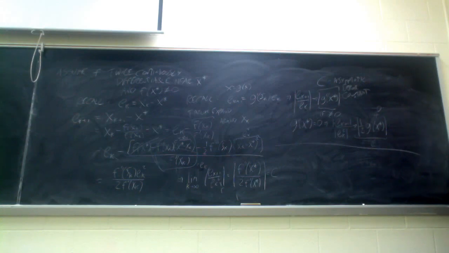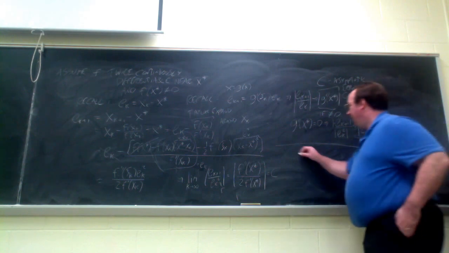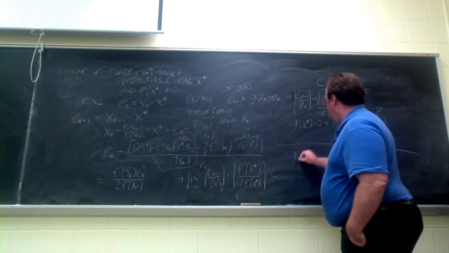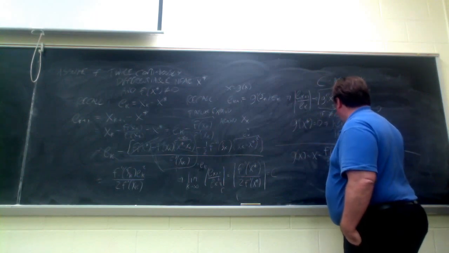Now, that's a more painful proof of quadratic convergence. Here's a simpler one. Remember, Newton's iteration is a form of fixed point iteration. So if we look at our g for Newton's method, it's x minus f of x over f prime of x.